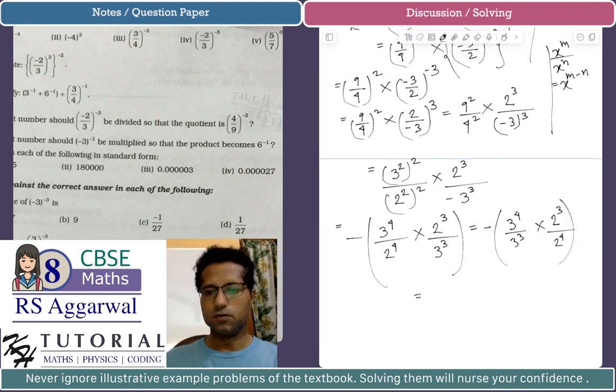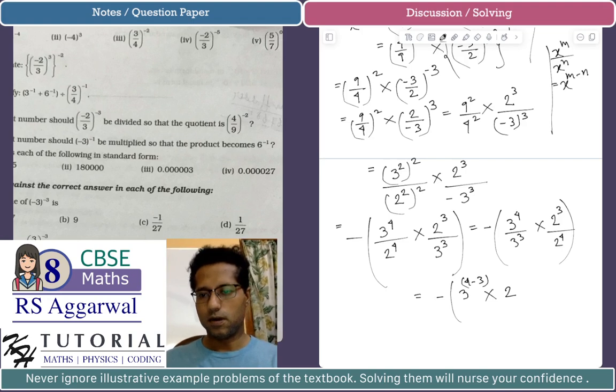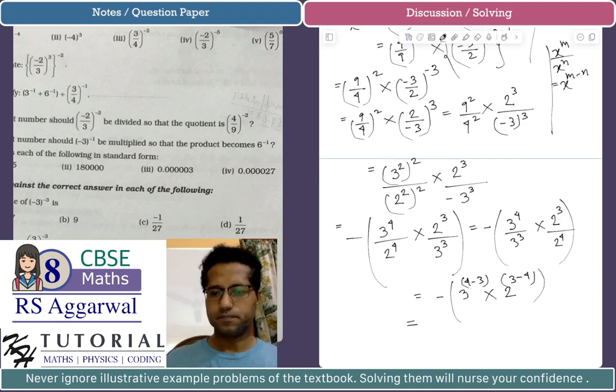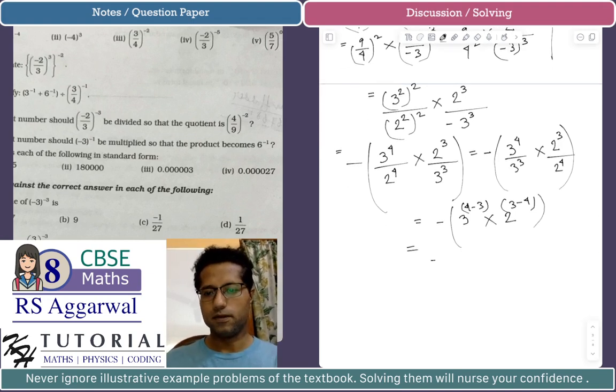So this is equal to minus 3 to the power 4 divided by 3 cube, which is nothing but 3 to the power 4 minus 3, multiplied by 2 to the power 3 minus 4. This is equal to minus 3 multiplied by 2 to the power minus 1.